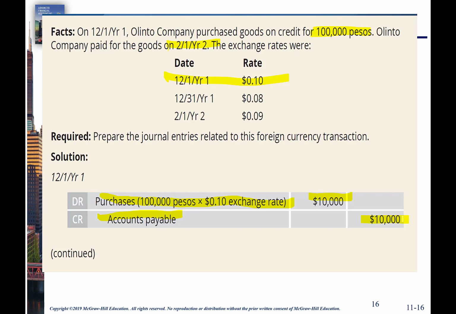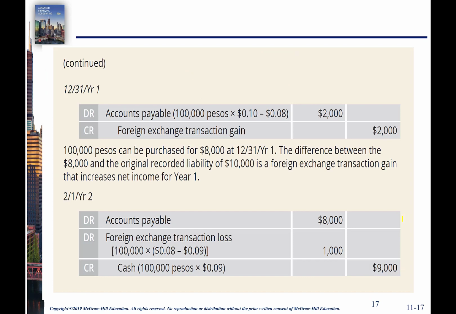Then we look at 12/31. Remember, that's the balance sheet date. We have to compare whatever the exchange rate was at the date of transaction to the balance sheet date, usually December 31st, to see if there has been a fluctuation, which there almost always will be, and see if that generates a foreign exchange transaction gain or loss.